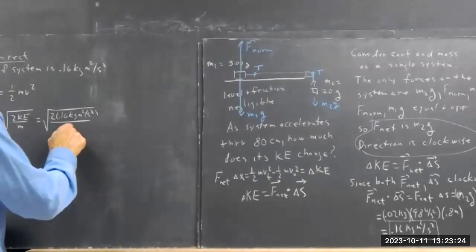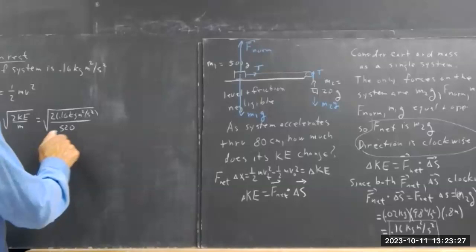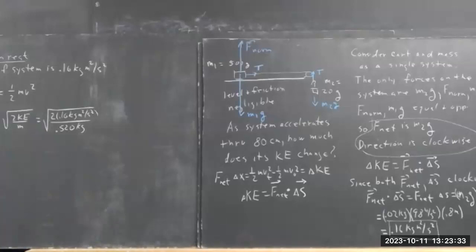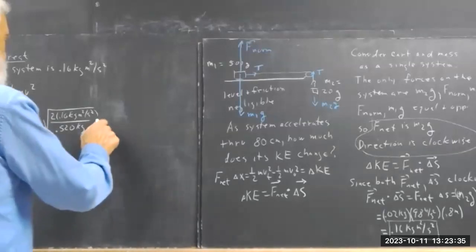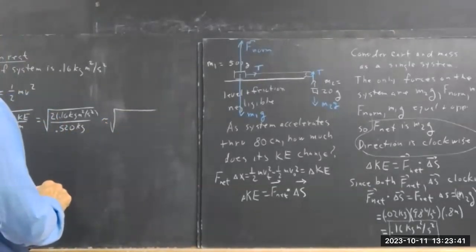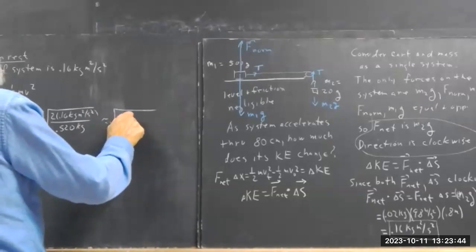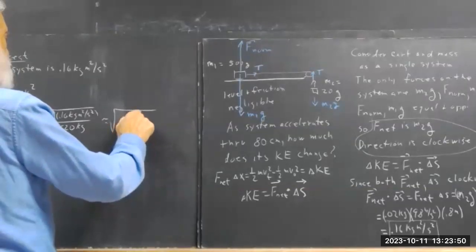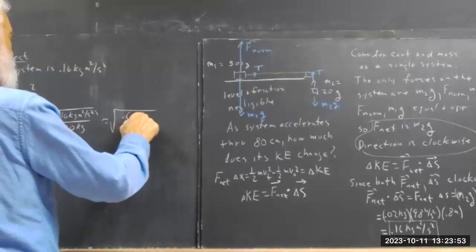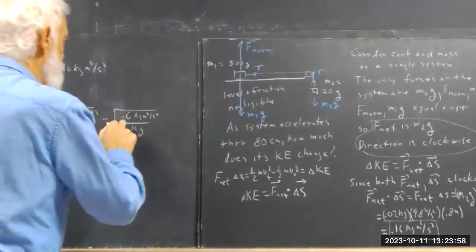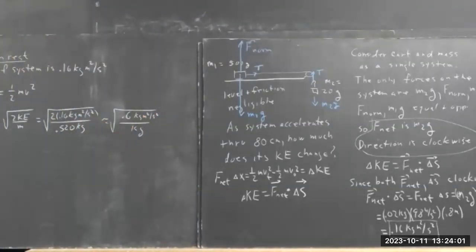So the big caution is take the entire mass of the system into consideration. And this is going to be 520 grams. Since I've got kilograms and meters and everything, I'm going to say that's 0.520 kilograms. Okay. And that's going to be approximately square root of 0.6 kilogram meters squared per second squared over kilograms.